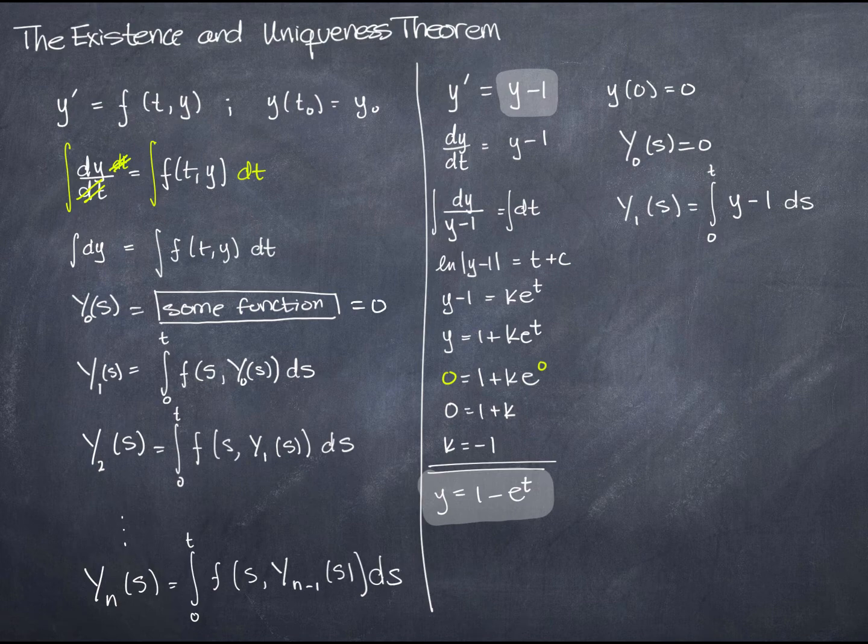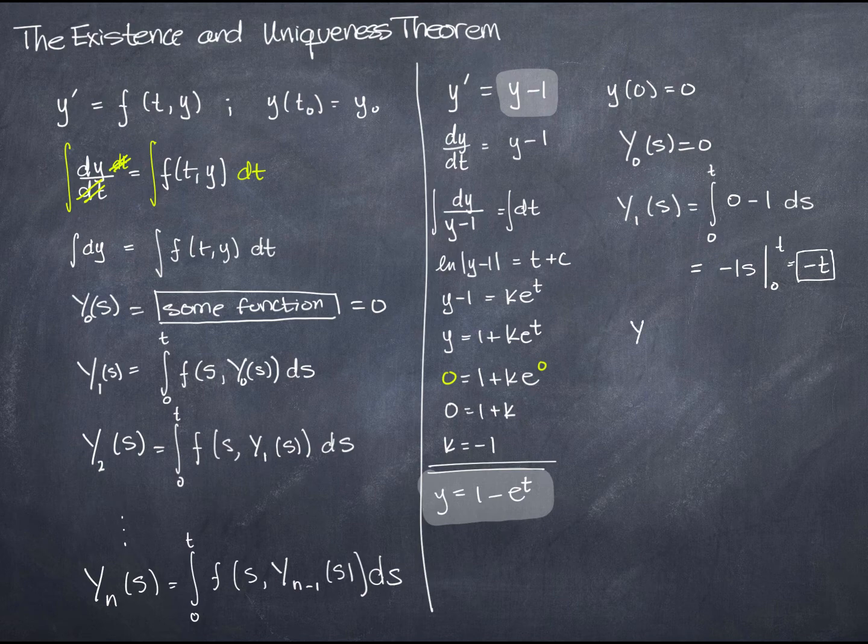So I'm going to replace my y with 0. And that means that I'm just integrating negative 1 with respect to s. So I have y sub 1 of t is equal to negative 1 times s from 0 to t, which is negative t minus 0, and that is my y sub 1.